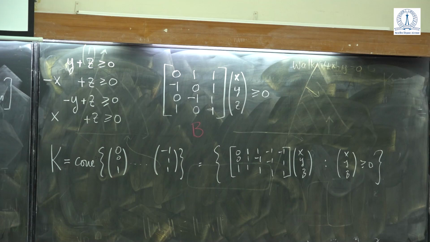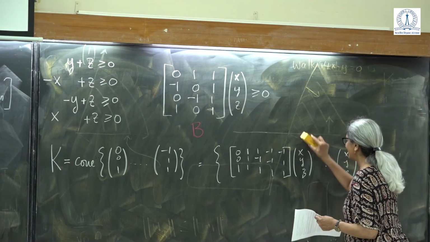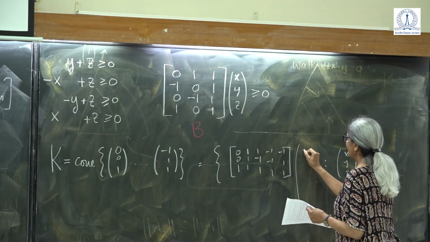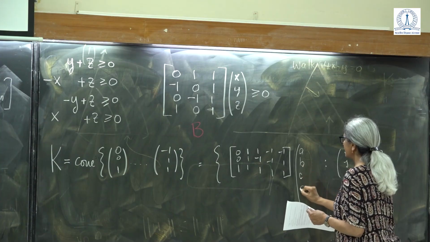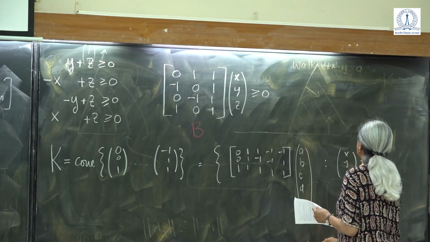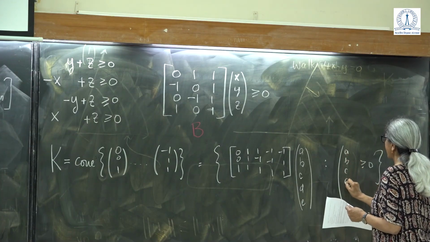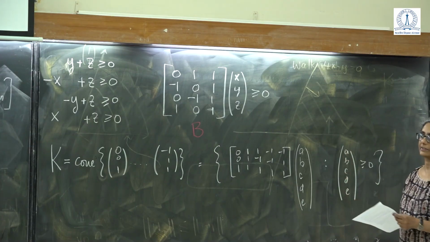No, this is a span. This is not the hyperplane. It's not x, y, z. I need more. So it's 5-dimensional. Let's call the coefficients A, B, C, D, E, and those have to be greater equal to 0. Okay?